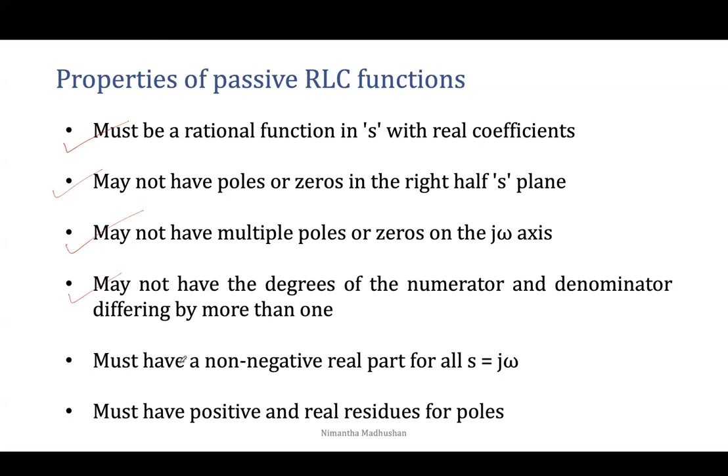And the fifth one is it must have a non-negative real part for all s equals j omega. For that one, we have to substitute s equals j omega in this function. So the impedance function is s to the power 4 plus 4s squared plus 3 over s to the power 3 plus 2s.